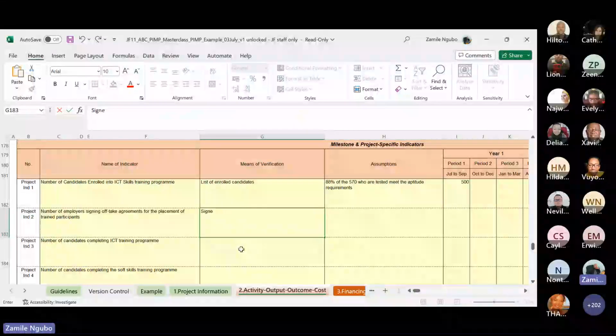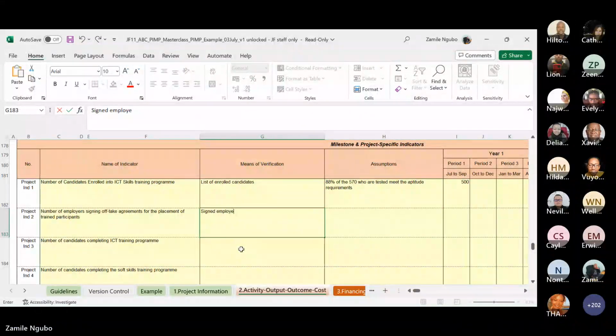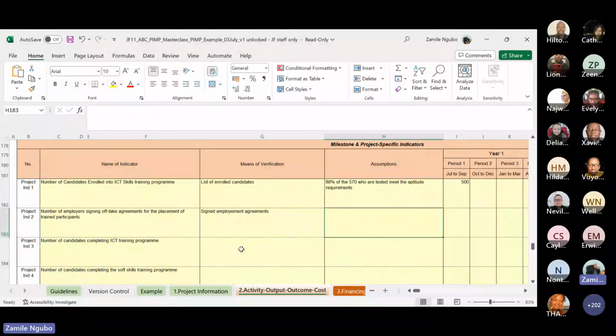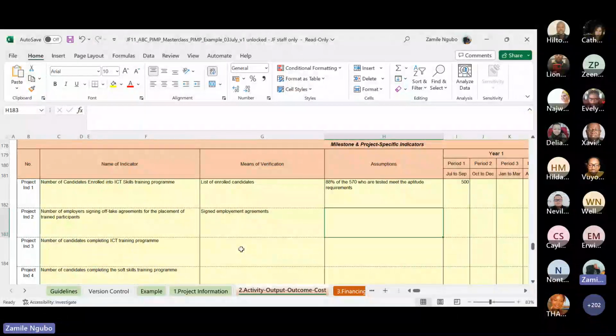Signed employment agreements will be our means of verification. So the assumption is that given the current interest from the employers and the project partner pipeline, it is assumed that 23 employers will commit to employing an average of 16 participants.